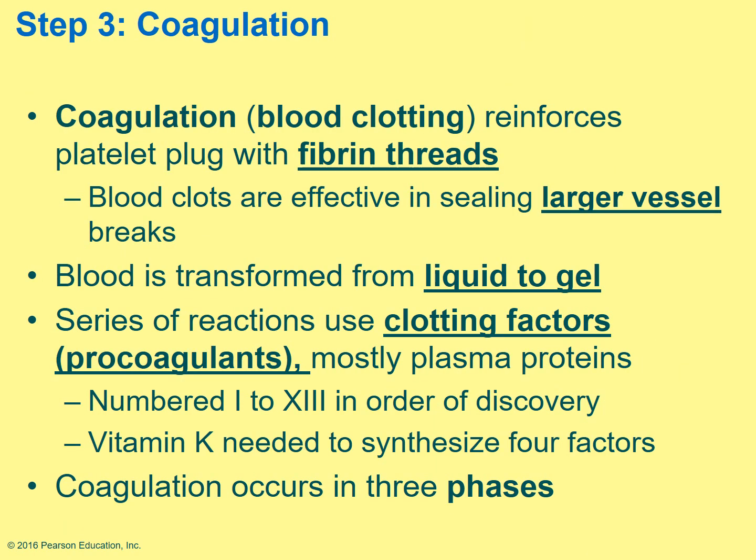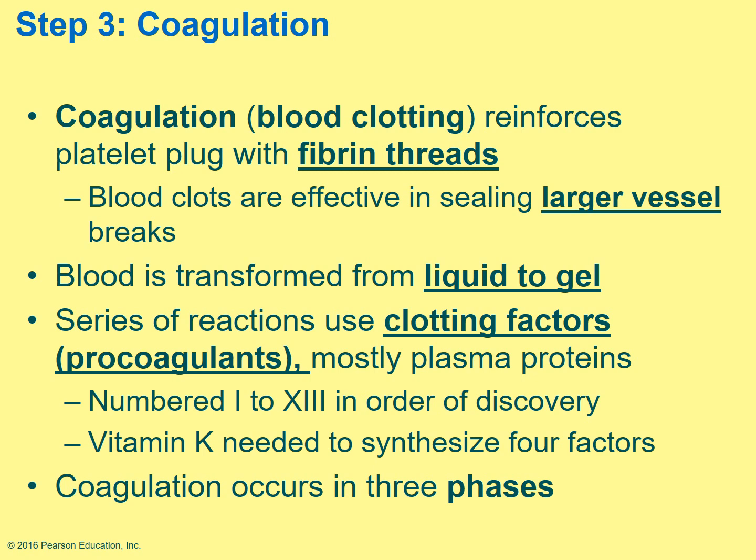Step 3 deals with coagulation or blood clotting. This is going to help to reinforce that platelet plug by adding fibrin threads. This will be more effective with larger blood vessels that have a break or tear in them. The blood in this area is going to be transformed from liquid to gel.